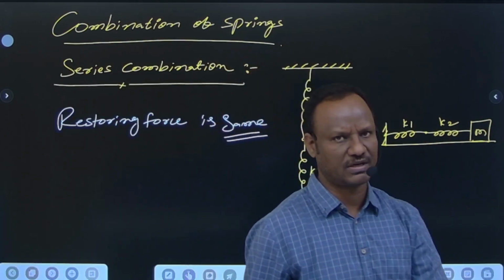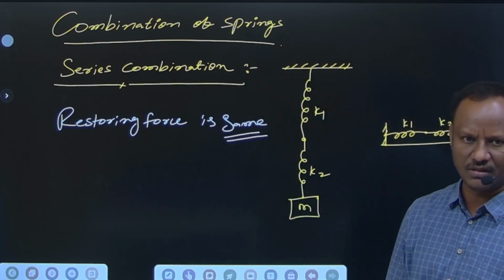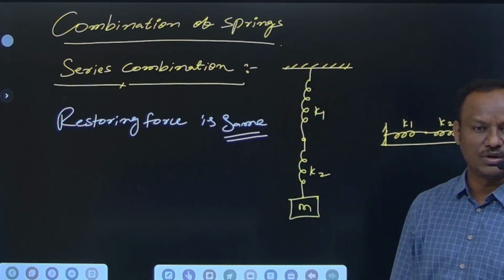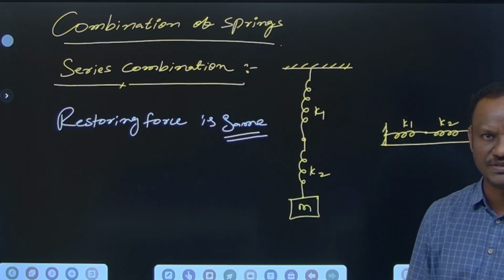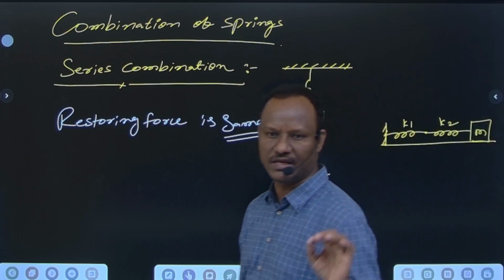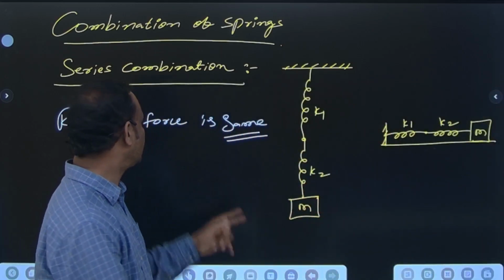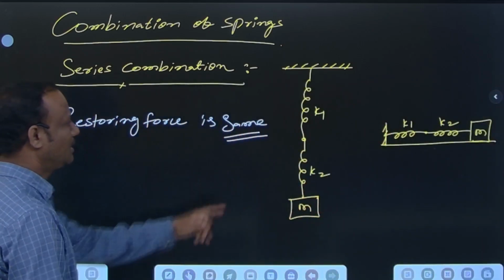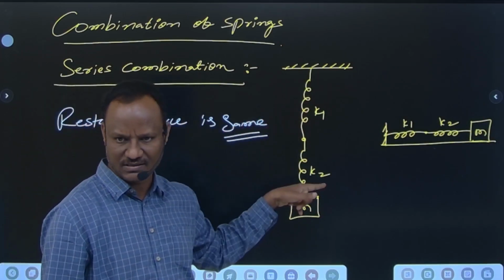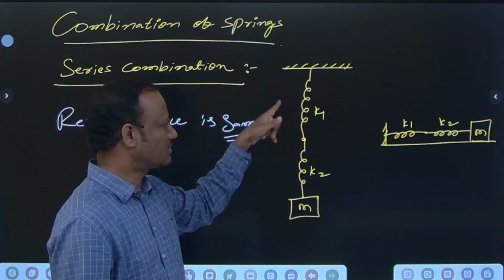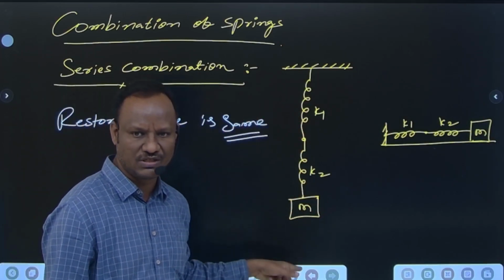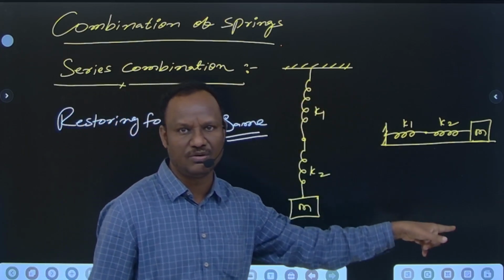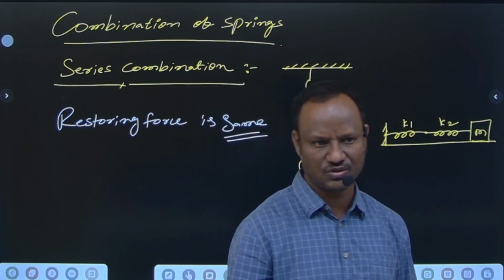What is the concept of restoring force? F is equal to minus kx. So the same restoring force, but the elongation is different in different springs. The elongation may be x1, x2, next x3. Total elongation will be x1 plus x2 plus x3.